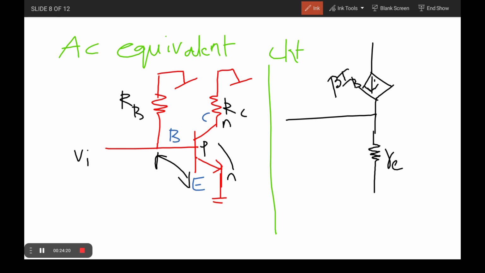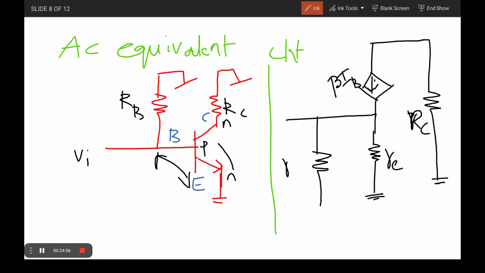It is also connected to some resistance, that resistance is generally called RC. From the input side you have one more resistance, generally called RB. This RB is also connected to the ground, and this RC is also connected to the ground. Therefore, it can be represented like this.